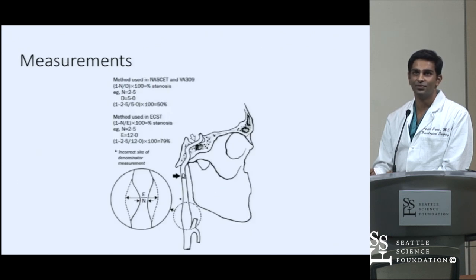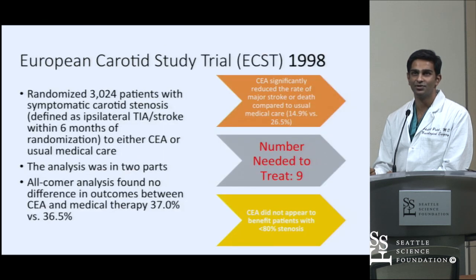The reason for some of the data differences, I'll go back one. If you look at that yellow bar at the bottom, the CEA did not appear to benefit patients with less than 80% stenosis. That's different from the American study, where you could get benefit in patients who had 70% stenosis or greater.